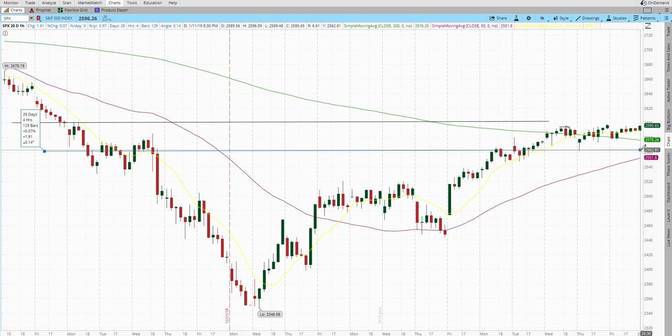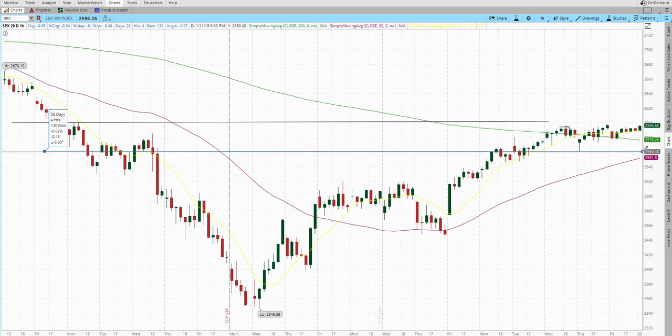Now, from your prior experience with support and resistance, you'd know, generally speaking, that when price comes back to a level that it has been before, it can either act as an area of support or resistance.